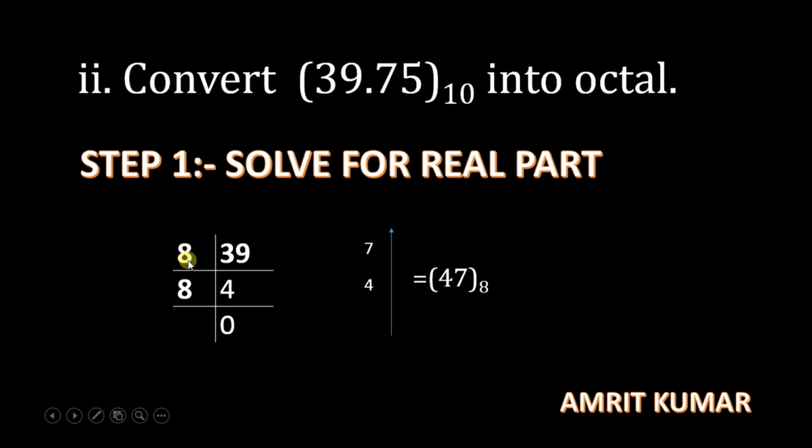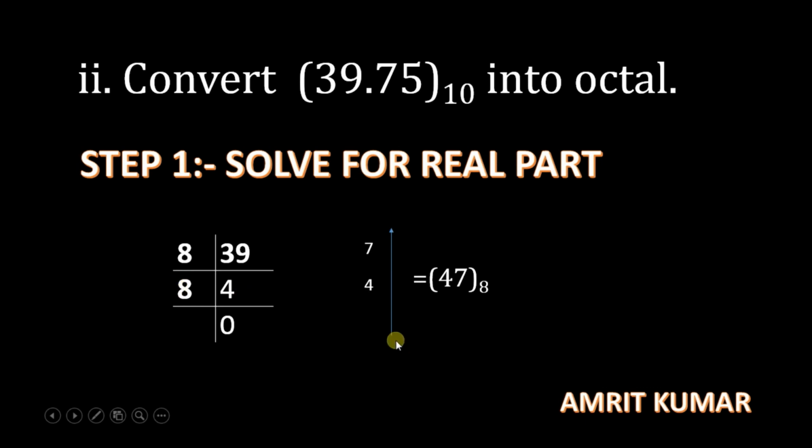So 39 divided by 8 gives us the remainder 7 here, and the quotient 4. And because 4 is not divisible by 8, we get the remainder 4 here.